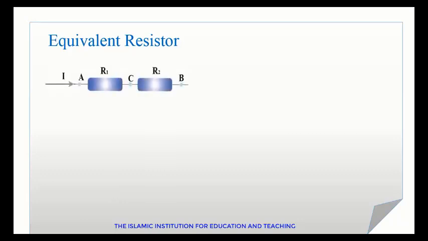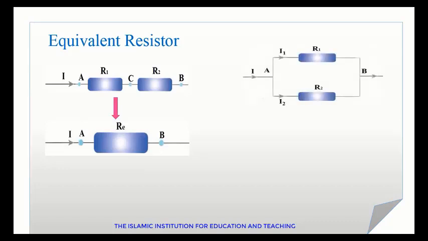Here we have R1 and R2 in series. Each resistor carries current I. The voltage across the grouping is UAB. This grouping of resistors is equivalent to a resistor called R equivalent, or equivalent resistor, which carries the same current I under the same voltage UAB. Similarly, we have R1 and R2 in parallel.